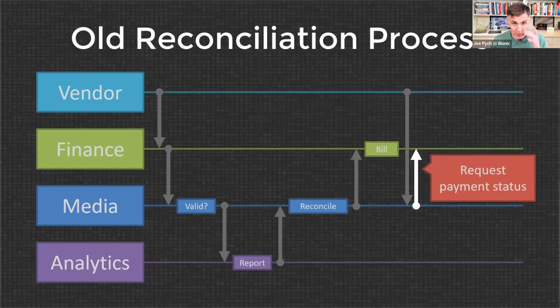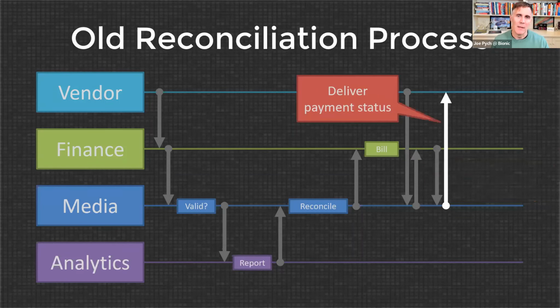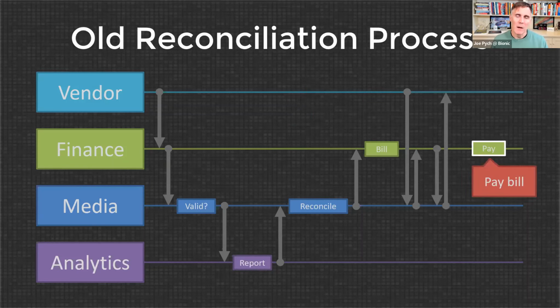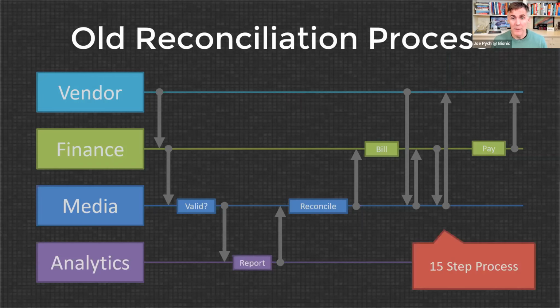The finance team gets back to them with the status, and they respond to the vendor that it's been reconciled, but it's not been paid yet. At some point later, the finance team actually pays the bill and delivers the payment to the vendor. You can see there's a lot of handoffs and back and forth throughout this process. All in all, this is typically a 15-step process going from start to finish.